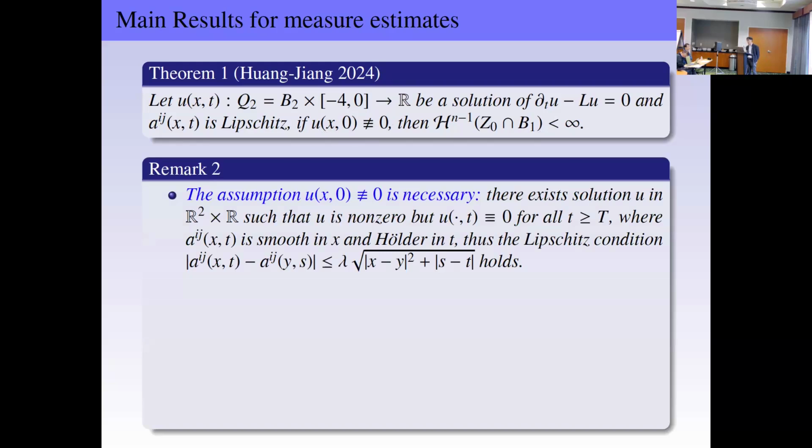Actually, the assumption that u(x,t0) is not identical to 0 is necessary. There is a very interesting example due to Müller: there exists a solution u in R^2 times R, where R^2 is the 2 dimensional space, such that u is non-zero, but u(x,t) is identically 0 for t bigger than some capital T. And all the coefficients a_ij, b_j and c satisfy our conditions.